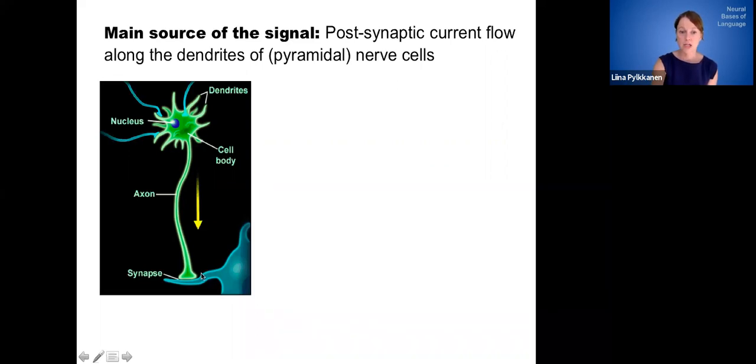So along the axon, we have the action potential rushing through, and then it's going to make contact with the next neuron, so not completely, but there's this little gap between the axon and the dendrite of the next neurons we call the synapse, and then the postsynaptic current flow along the dendrite is what these electrophysiological techniques mostly capture.